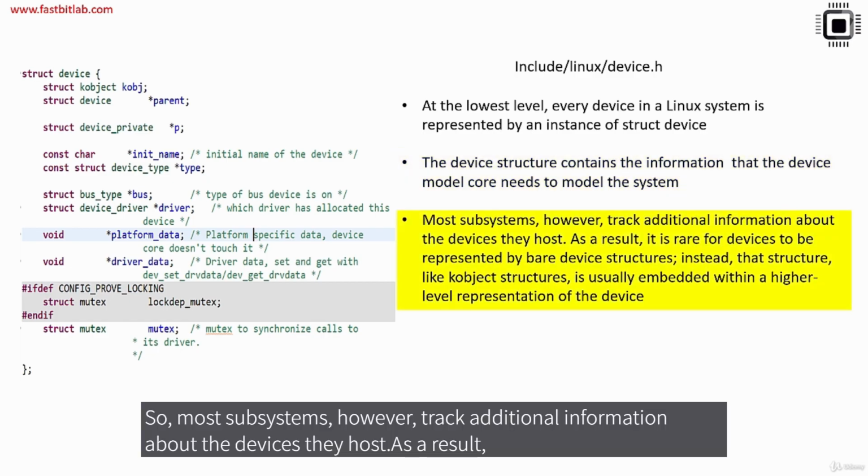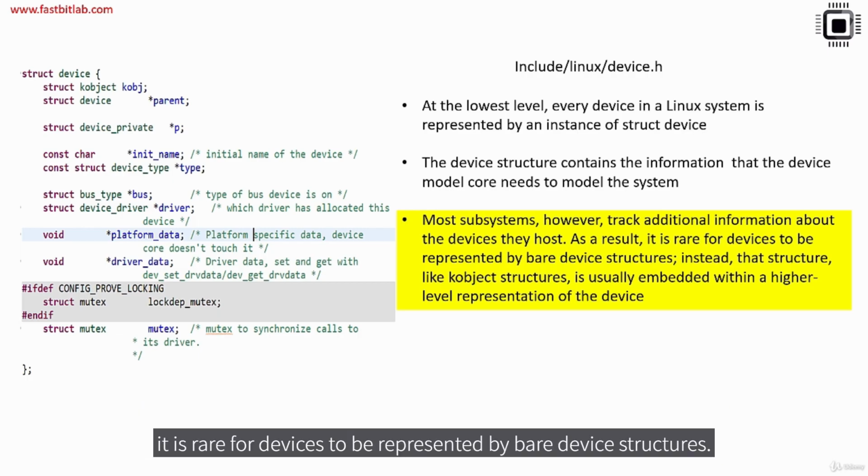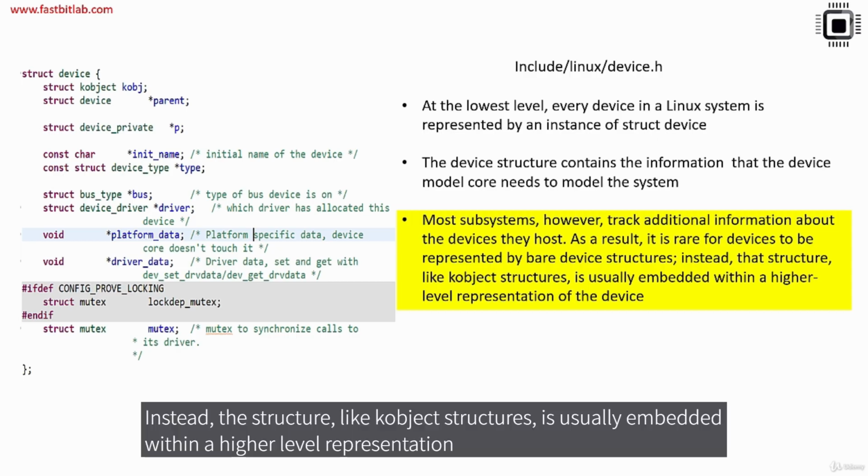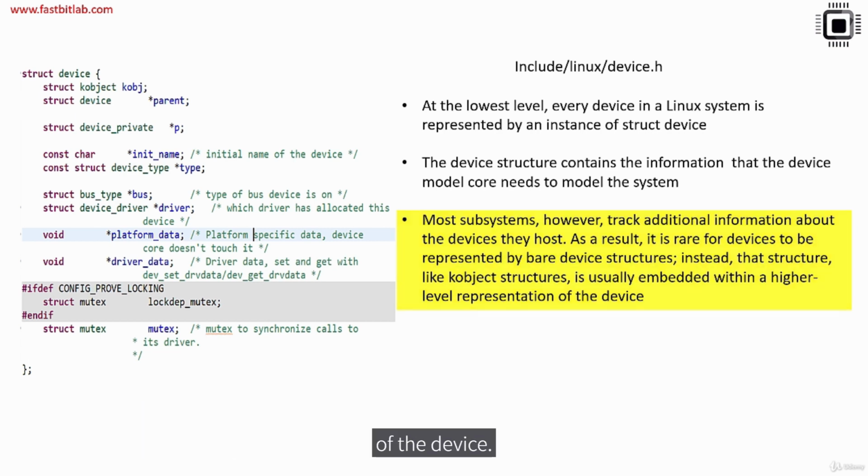Most subsystems, however, track additional information about the devices they host. As a result, it is rare for devices to be represented by bare device structures. Instead, the structure, like kobject structures, is usually embedded within a higher level representation of the device.